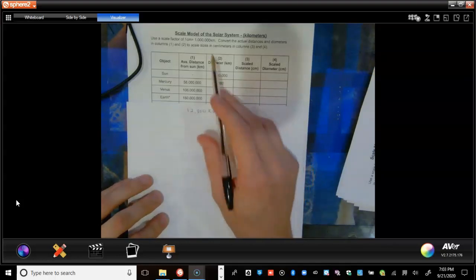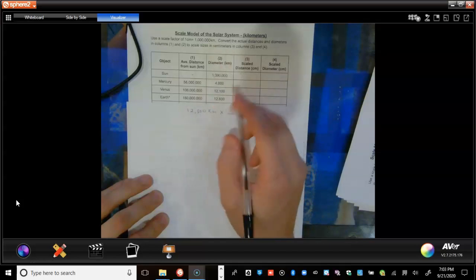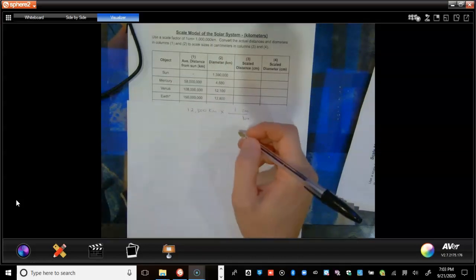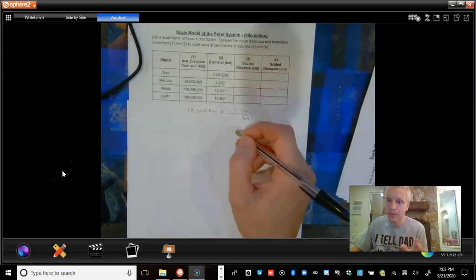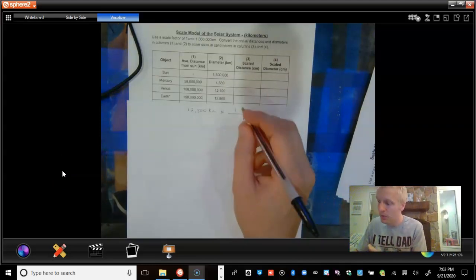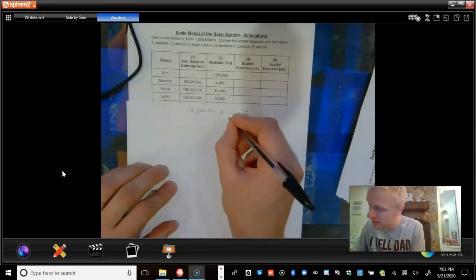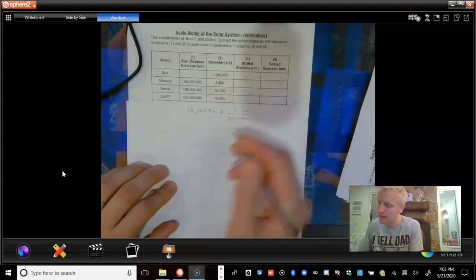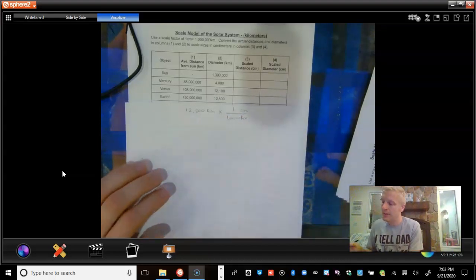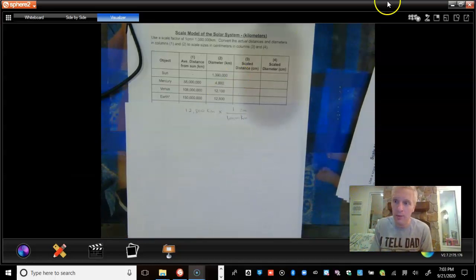And how many kilometers are in a centimeter? This isn't truly converting from one unit to the other in the metric system. This is our make-believe scale. So we're going to say 1 centimeter equals 1 million kilometers. And essentially, I'm going to take 12,800 and divide it by 1 million.